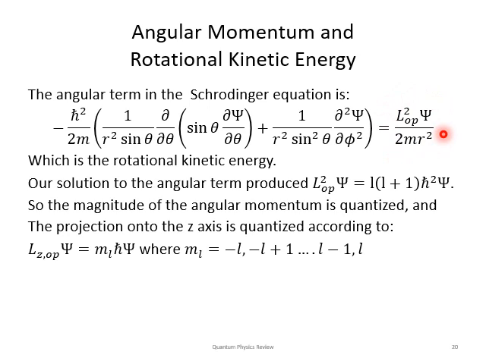That is the rotational kinetic energy of the system. So our solution to the angular term produced the rotational kinetic energy, and that is related to these L times L plus 1 terms, the angular momentum. The magnitude of the angular momentum is quantized, and the projection onto the z-axis turns out to be quantized as well as we work through that.